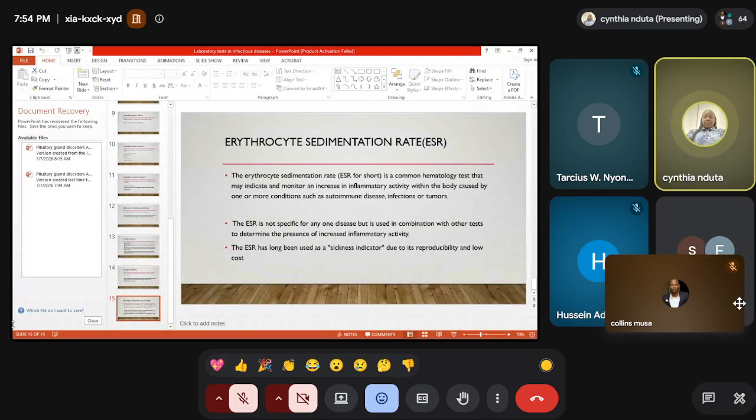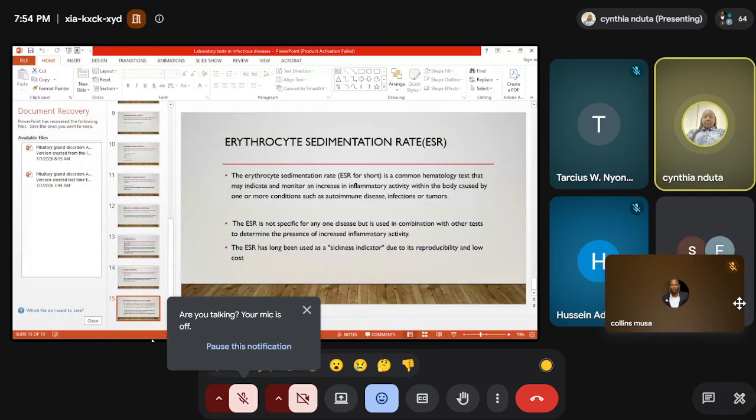So ESR for long has been used as a sickness indicator, but even then it does not provide any extra details of what type. Is it an autoimmune, is it an infection, is it bacterial or viral? The ESR is unable to show you. So it's not specific, and as you can see, it is used as a sickness indicator in quotes, yeah, because it's just an indicator, but it's not specific at all.